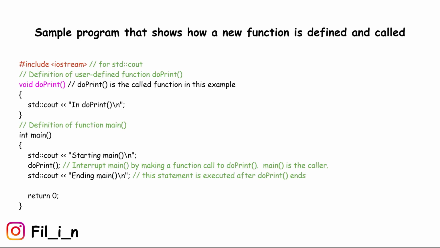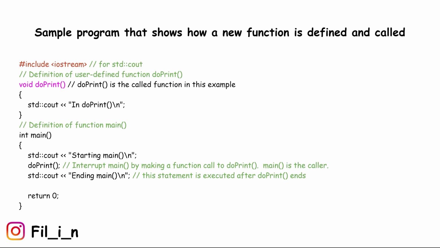#include <iostream>. Definition of user-defined function doPrint. Void doPrint. doPrint is the called function in this example. std::cout "In doPrint\n". Definition of function main.